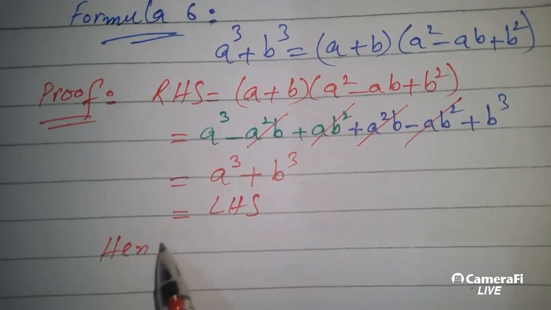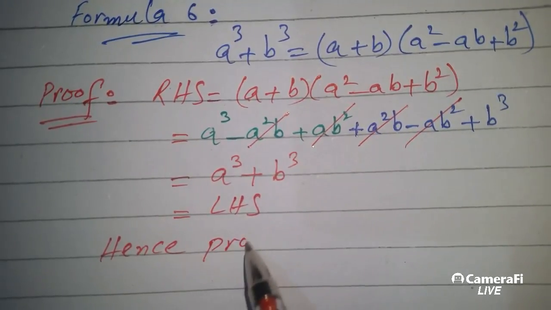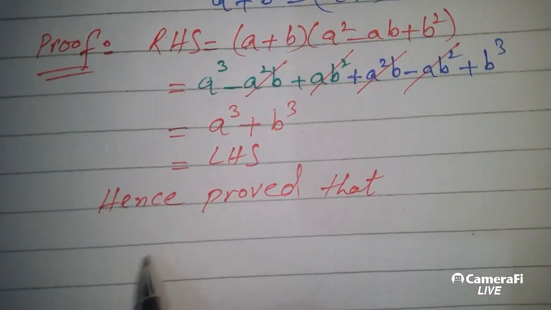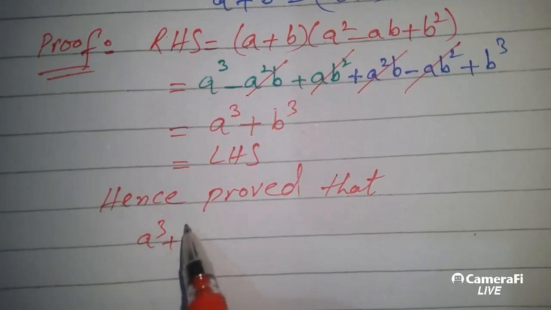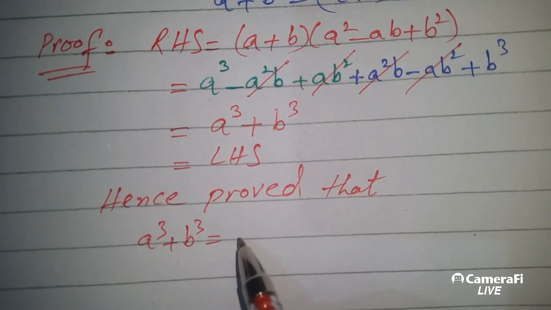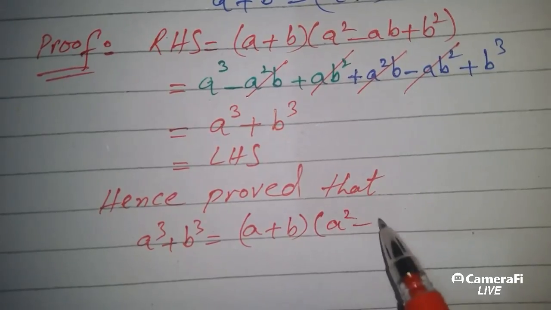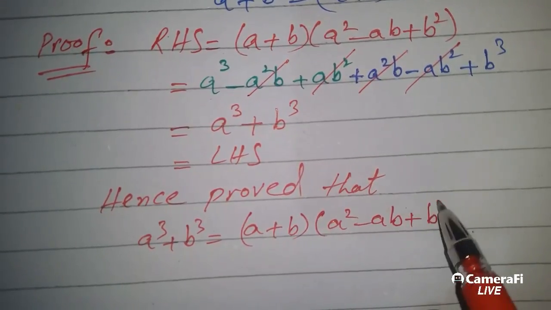Hence proved. That a cube plus b cube equals (a plus b) into (a square minus ab plus b square).